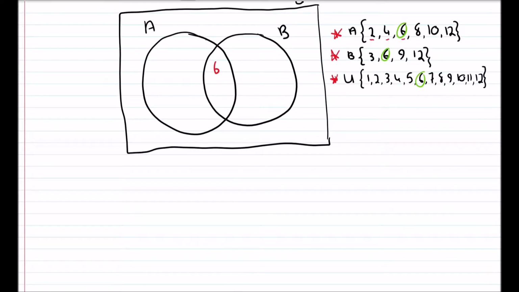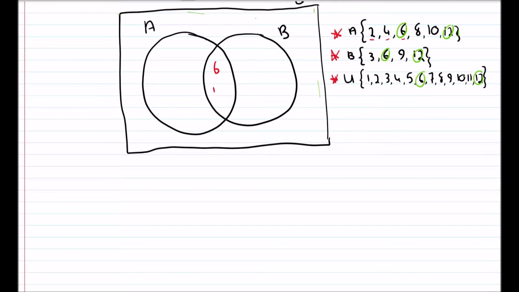What that is saying is 6 is in A, it's also in B, and it's also in U. So 6 is done. 8, no. 10, no. 12, yes. 12 is here, here, and here.